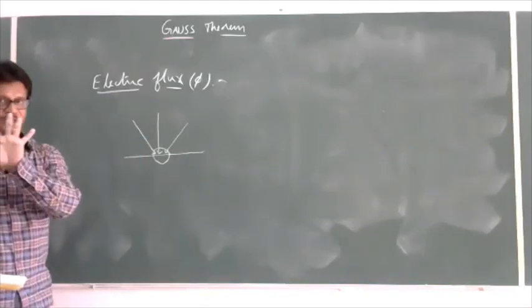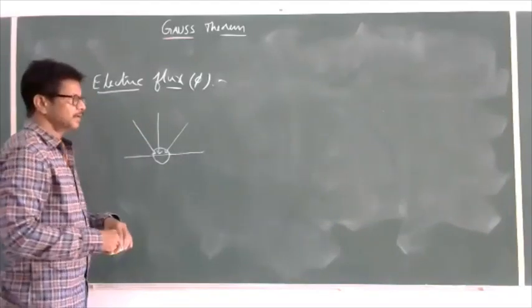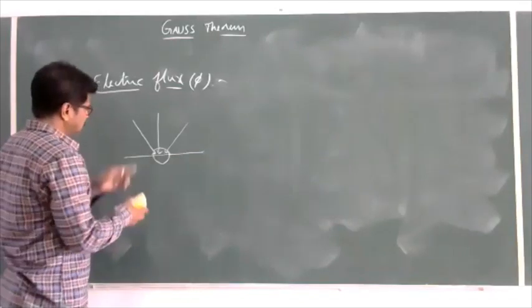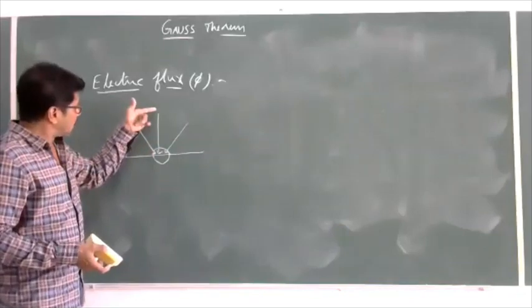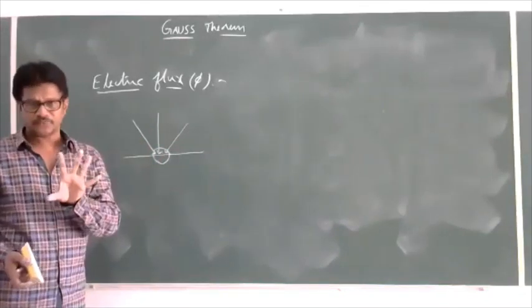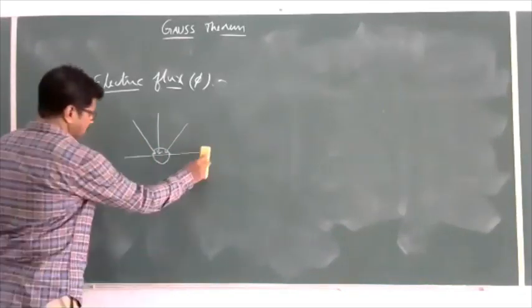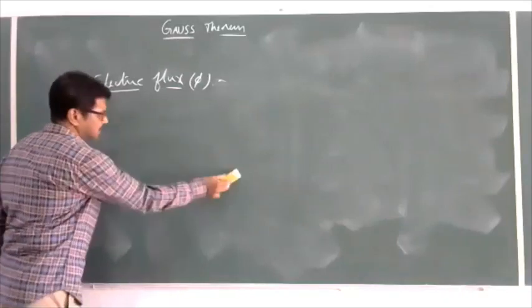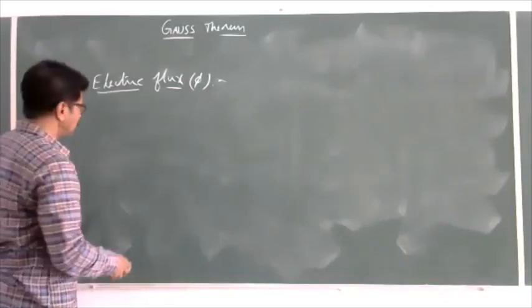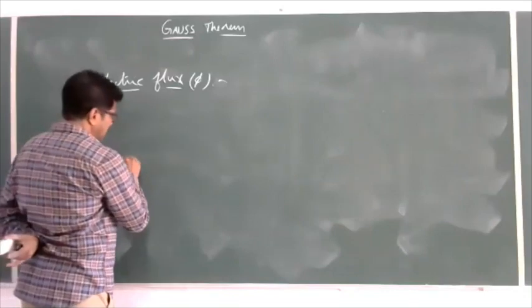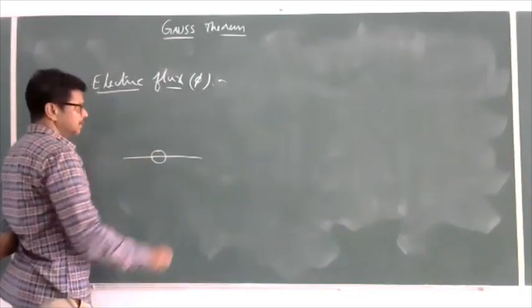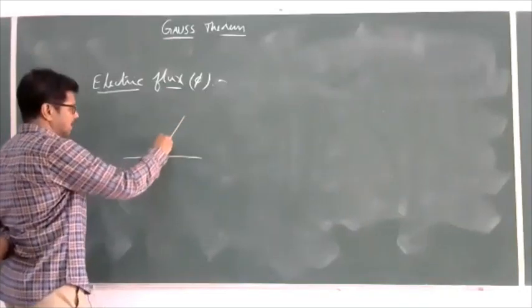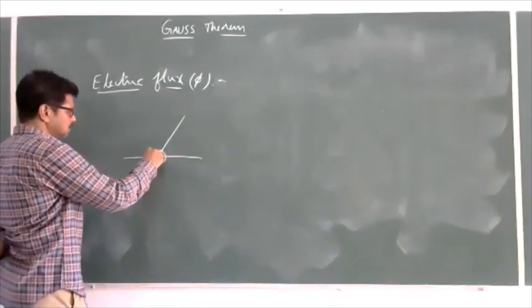For convenience, I am saying. My intention is that only normal lines we have to consider to calculate the electric flux. Now, this is one area I am considering, and the electric lines of force are passing like this.